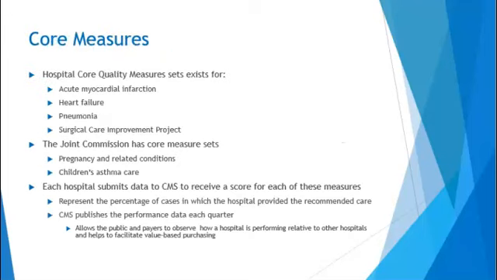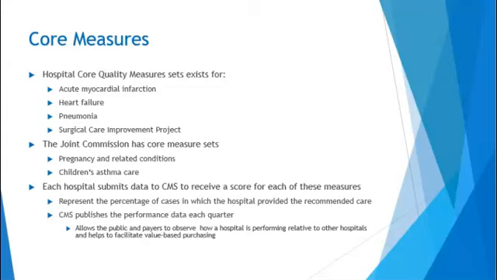All right, core measures. Hospital core quality measure sets exist for several different things, and I've mentioned a couple of these already. Acute myocardial infarctions, MIs, heart attacks, heart failure, pneumonia, surgical care improvement projects, and then the Joint Commission has core measure sets: pregnancy and related conditions, and children's asthma care.